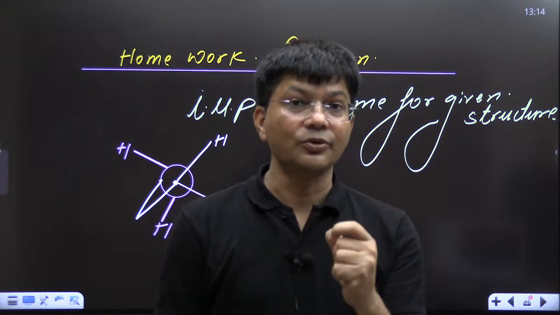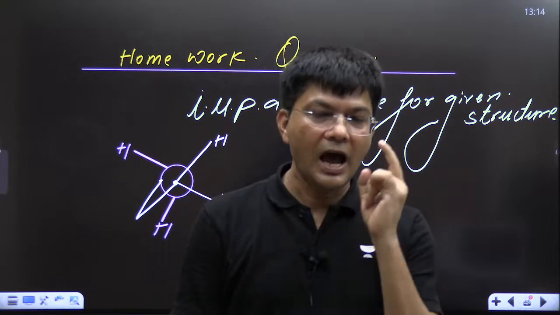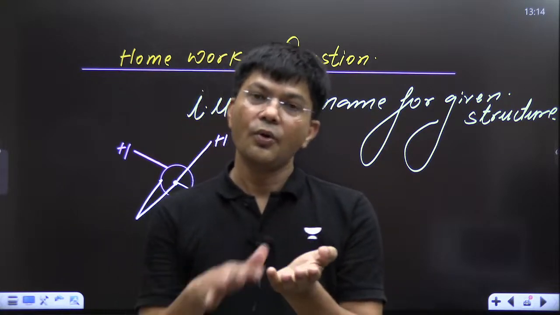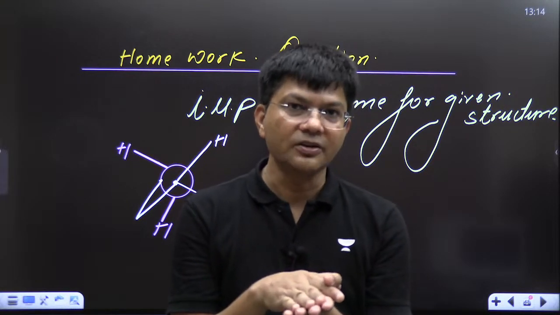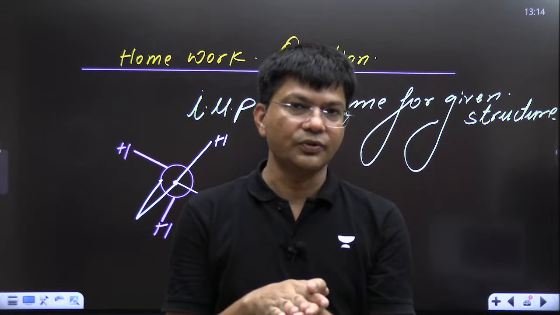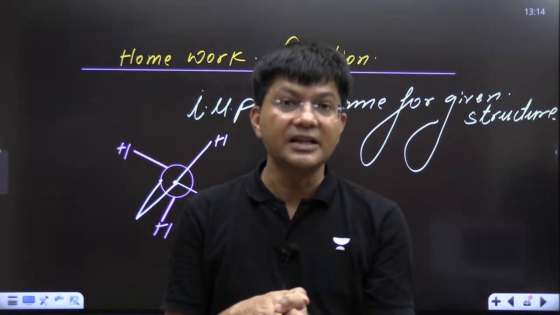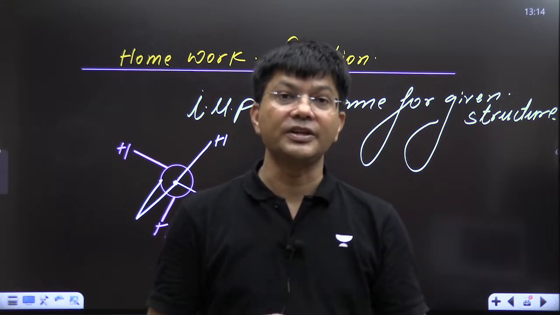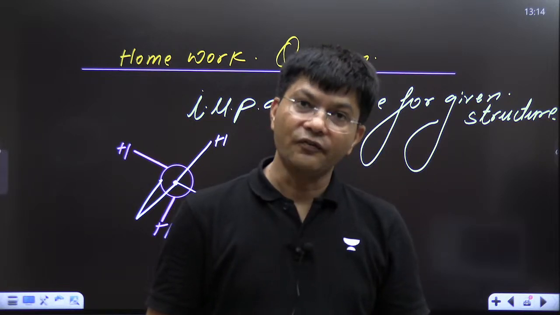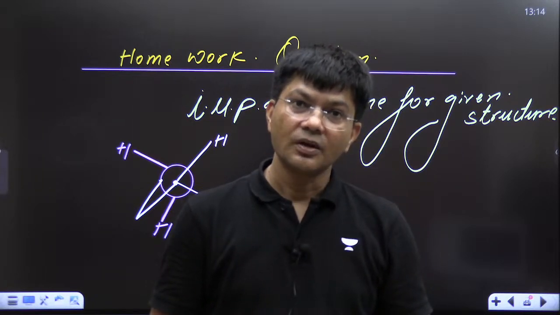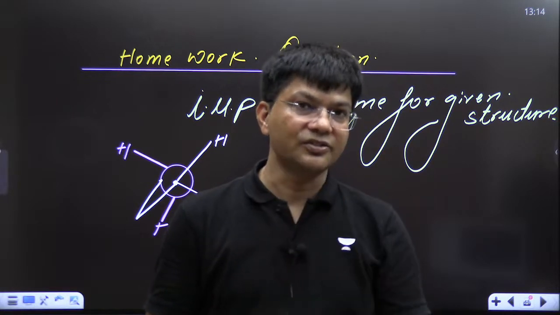Let me tell you the schedule, how I am going to teach you. First, I will consider all types of reactions: substitution reaction first, then elimination reaction, then addition. I will divide substitution into three parts: nucleophilic substitution, electrophilic substitution, free radical substitution.